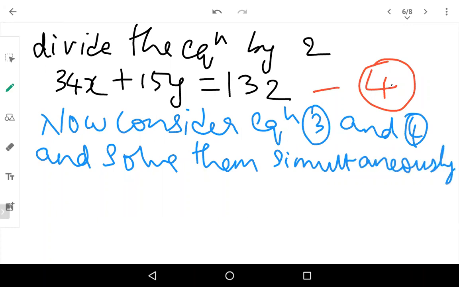Understood? So to get these equations into the simpler format, we had to do so many calculations. Fine. Any doubts still here? How to solve which part? Anywhere you want me to repeat it?